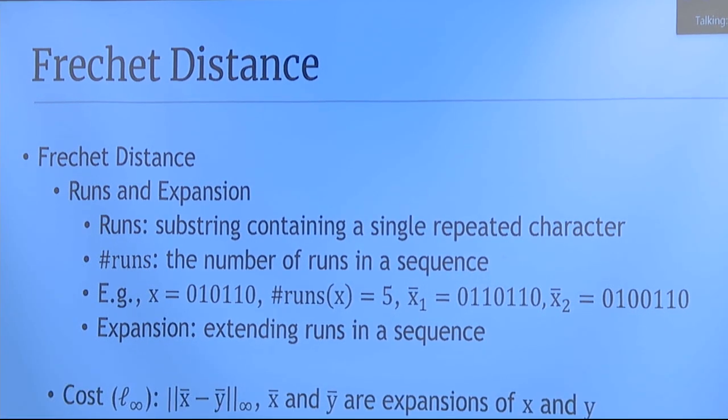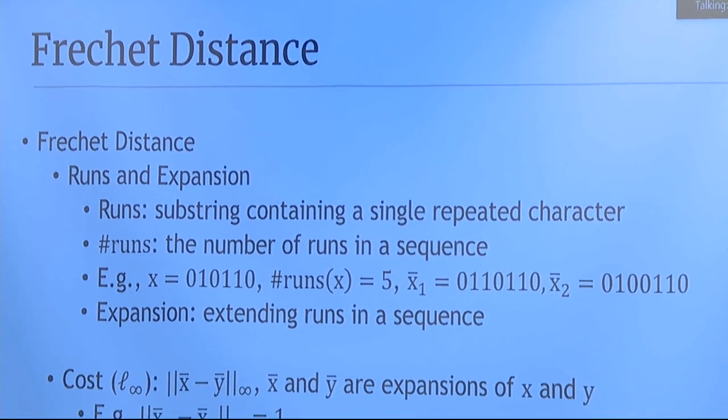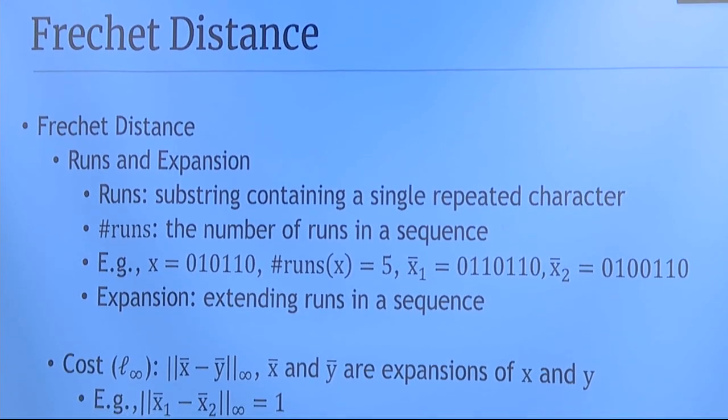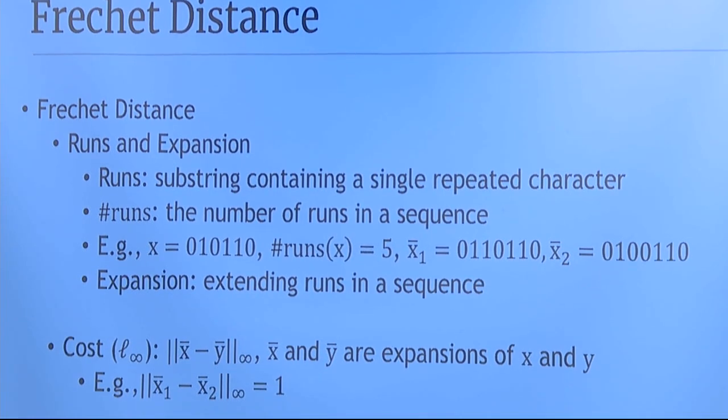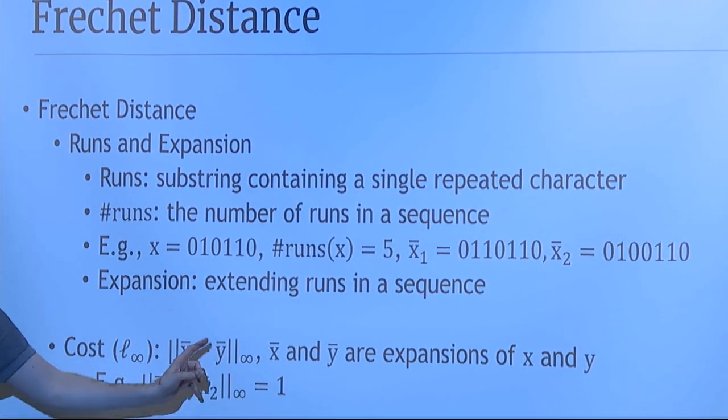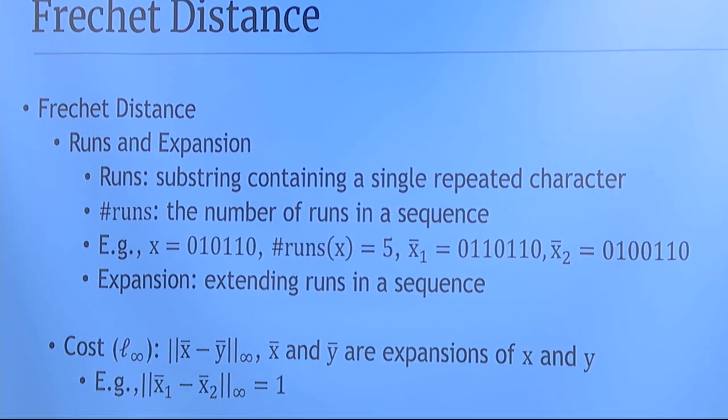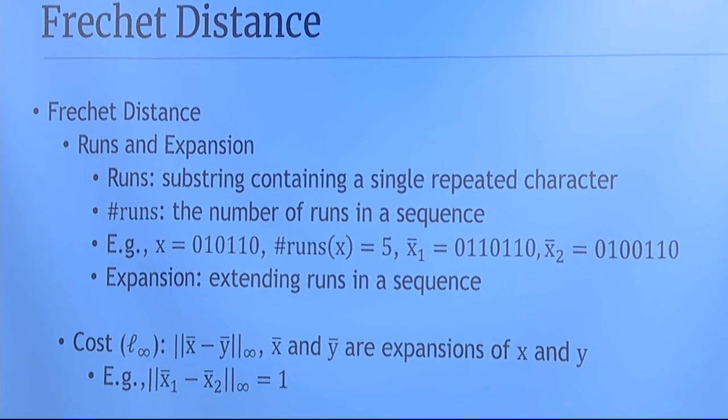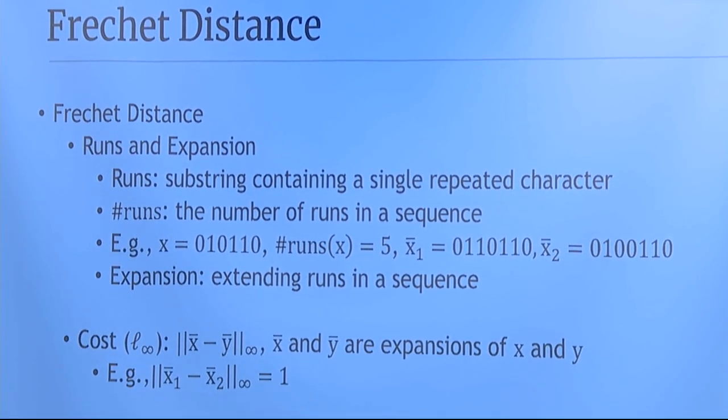And Frechet is looking at the L infinity distance. Once we have two equal length expansions, we can look at the L infinity distance between them. Now we have binary vectors, so the L infinity distance is going to be 0 or 1.